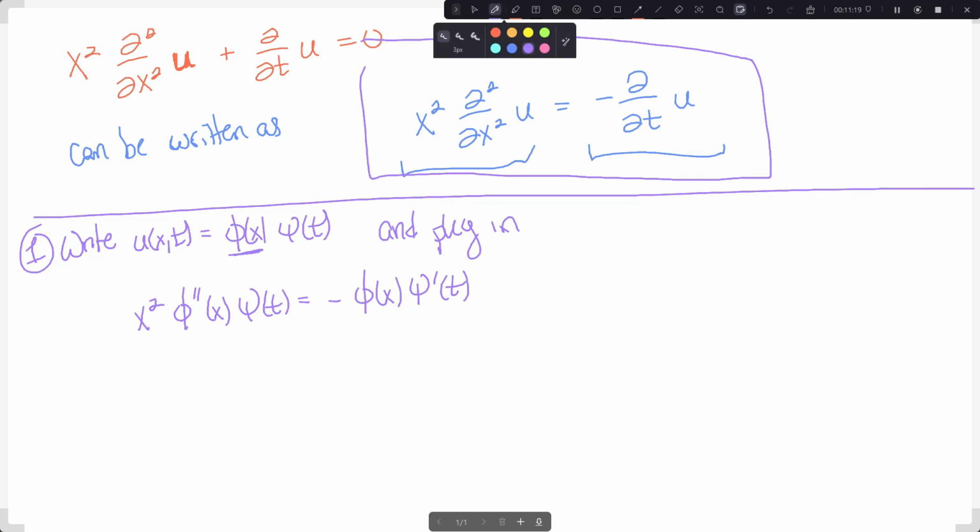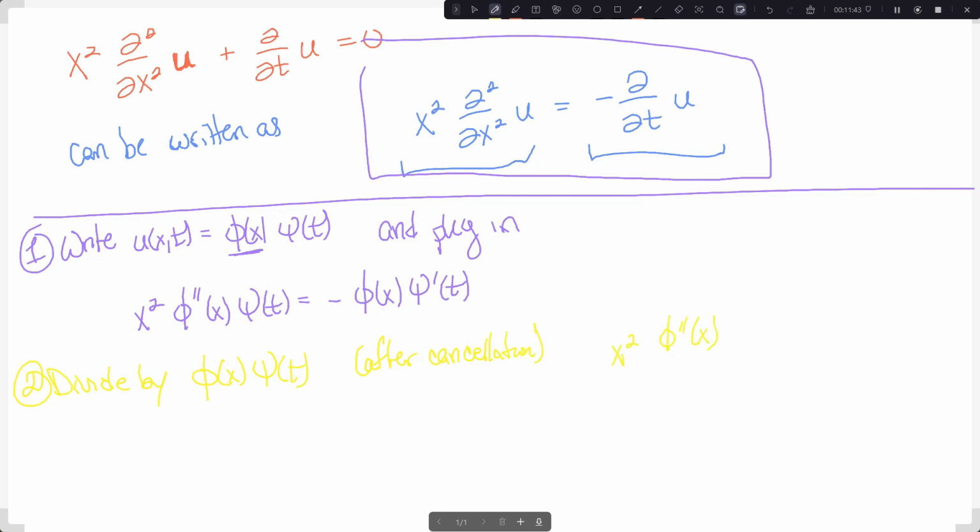Step 2 is always divide by phi of x psi of t. And that's going to give me, after some cancellation, x squared phi double prime of x divided by phi of x, equals negative psi prime of t over psi of t.